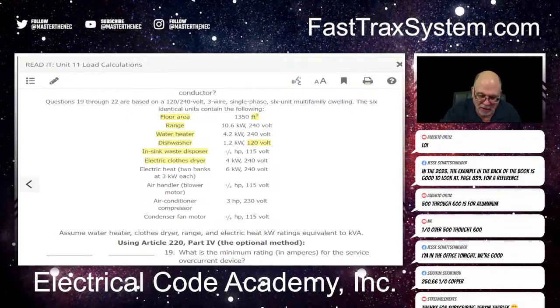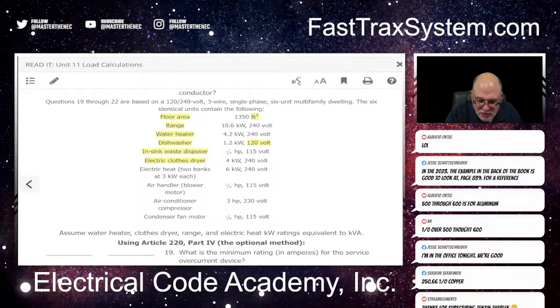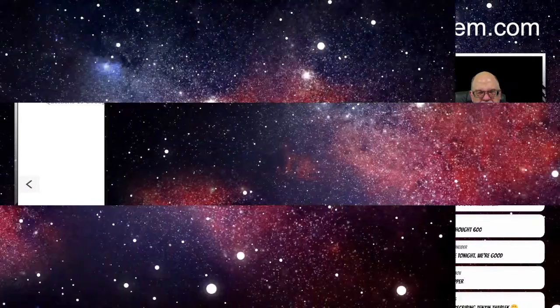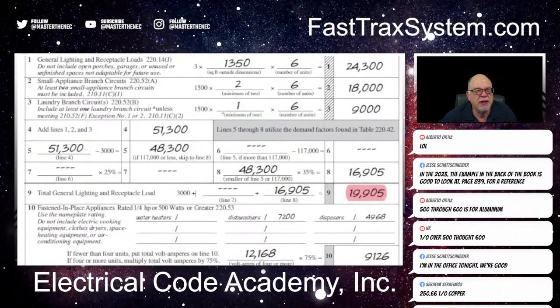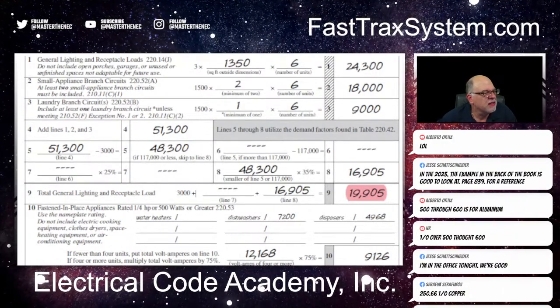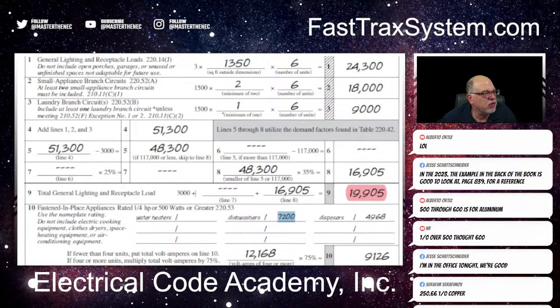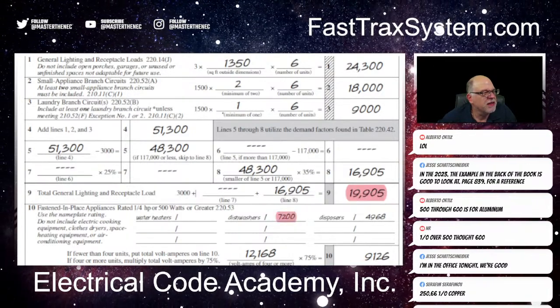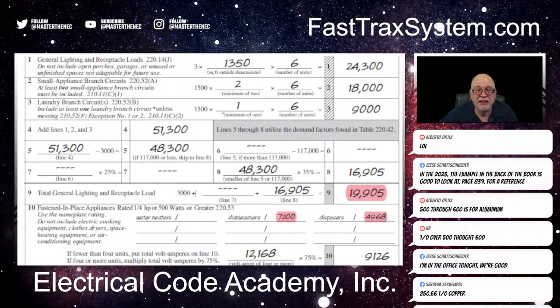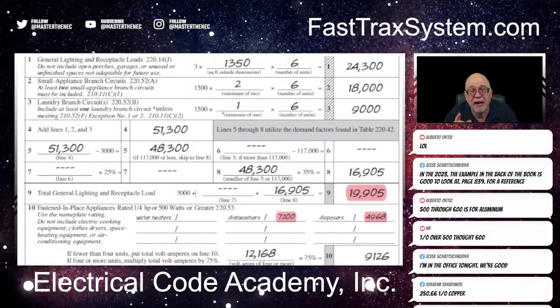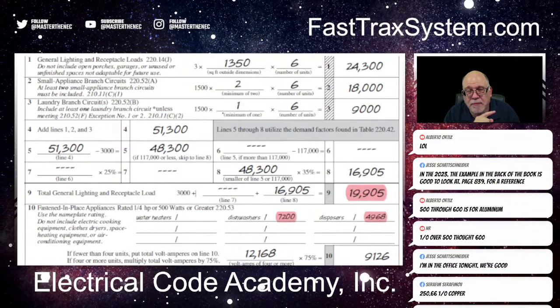All right, we're going to add those to our little sheet here. So there's where we put the values for the dishwasher. That's the 7,200, because remember, we have 6 of them. And here is our 4,968. We had 6 of those as well. Now, here's the beautiful thing again.